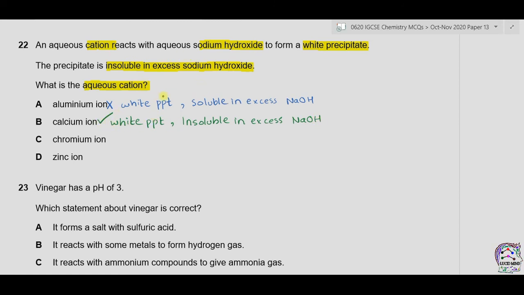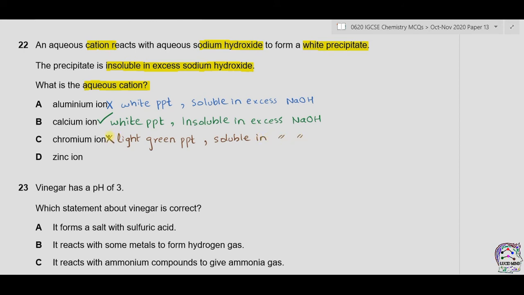This question is actually from the identification of cations. C is chromium ion. Chromium ion forms a light green precipitate with aqueous sodium hydroxide, and it is soluble in excess NaOH.